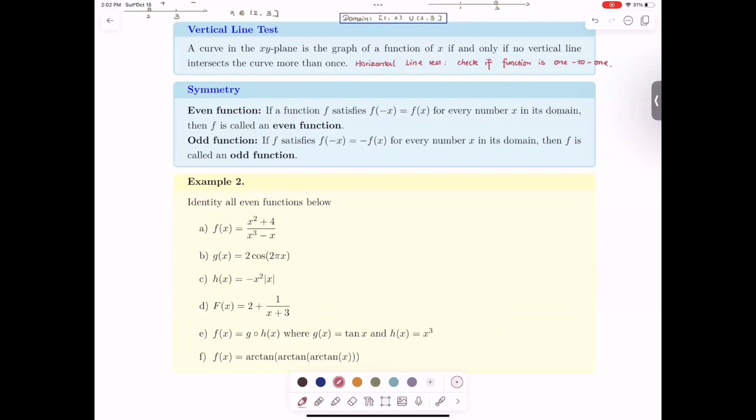So this is symmetric with respect to the y-axis. What about odd functions? Odd functions are symmetric with respect to the origin, that's correct. If you know the graph already, checking that will be really simple. But if you don't know the graph, you have to do the computation, okay?